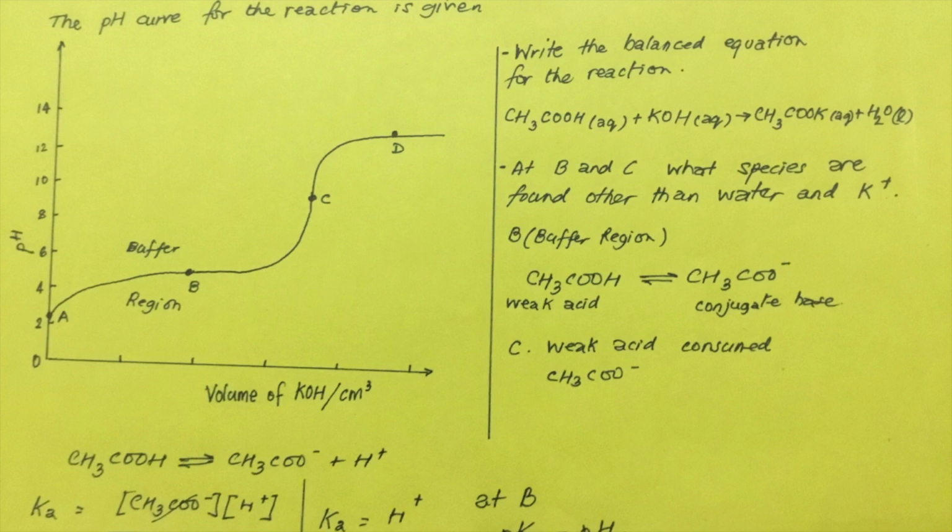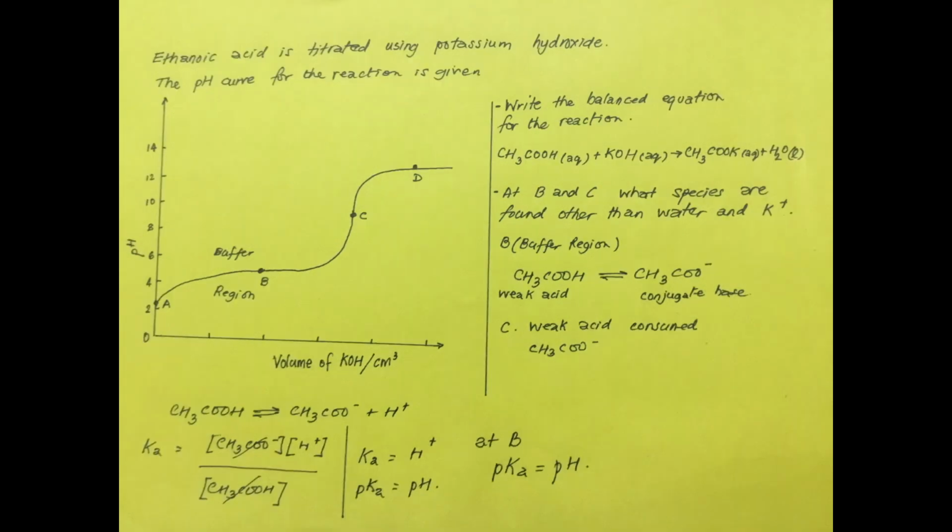Also useful to recall that at this buffering region you do have an equilibrium existing, like this one here. When this equilibrium exists, we could say that Ka for this weak acid could be expressed like this. And then we should also realize that if these two entities are equal, then Ka ends up being equal to H+.